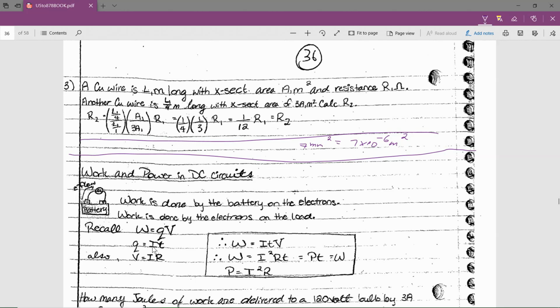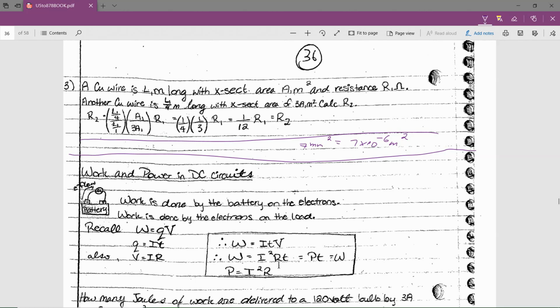Now we know that Q is I times T, and also we recall Ohm's law, V equals IR. So then work is I times T times V, because Q is I times T. And we can also plug in V equals IR, so you get work equals I squared R times T. And we can define the I squared R as the power, because we know that power is work divided by time.